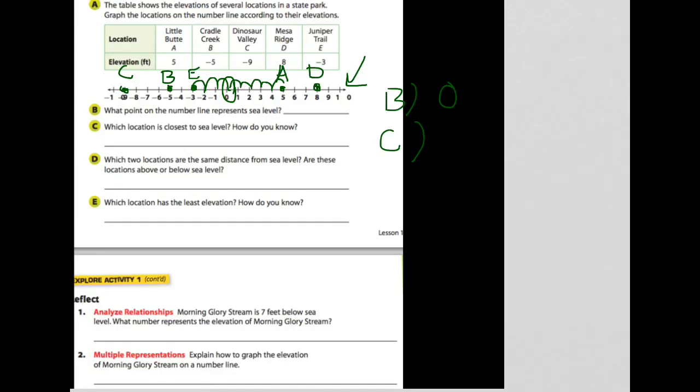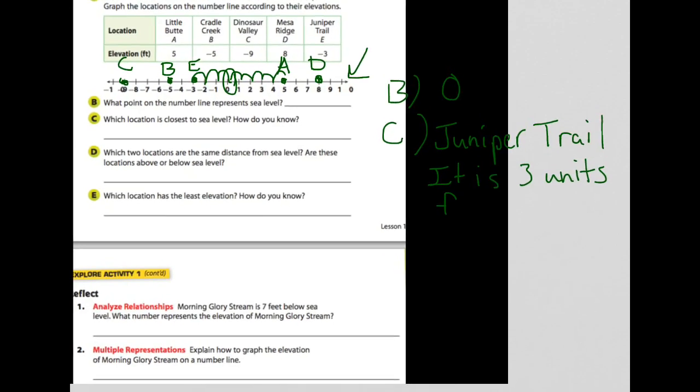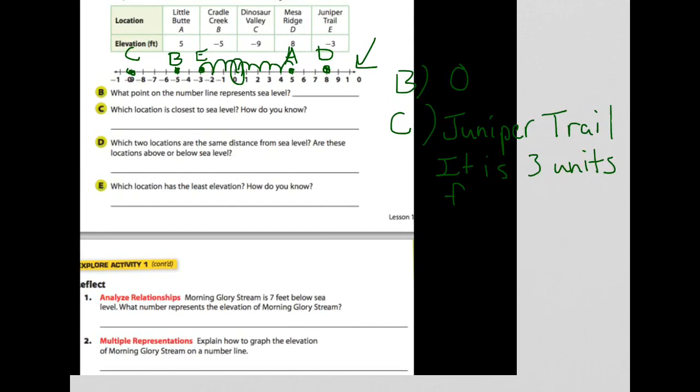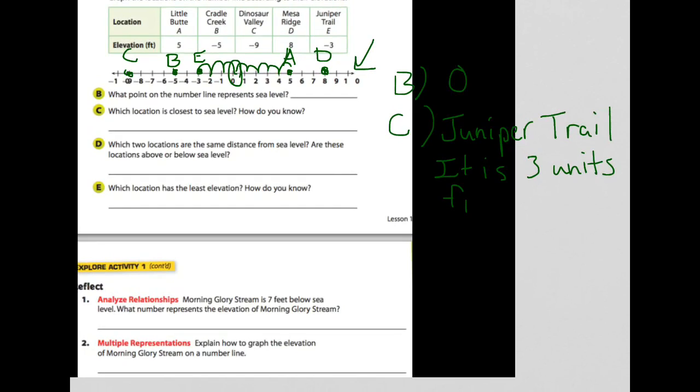So the closest point to sea level is E, which is Juniper Trail. How do I know? It is 3 units from 0.